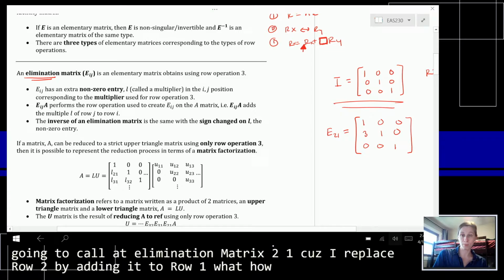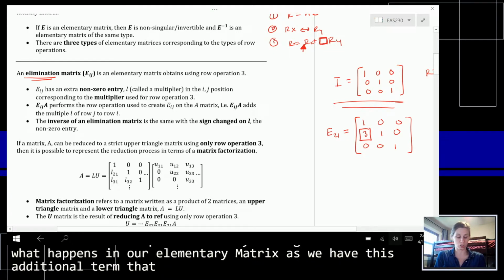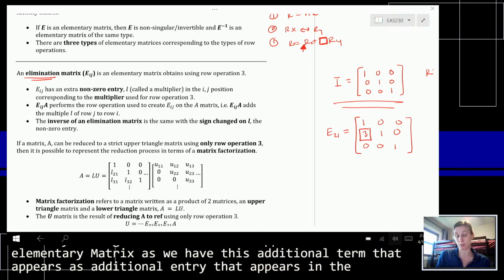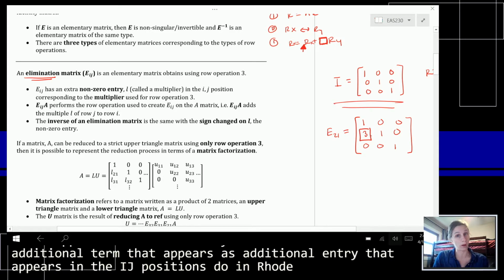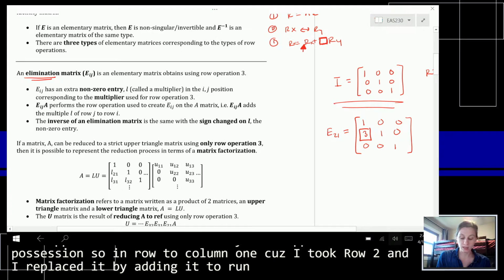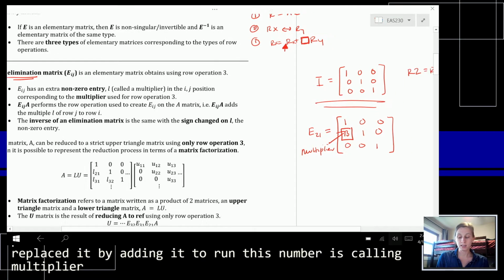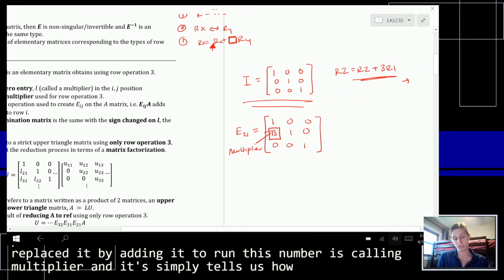What happens in our elementary matrix is we have this additional entry that appears in the ij position. So in row 2, column 1, because I took row 2 and I replaced it by adding it to row 1. This number is called a multiplier. And it essentially tells us how we put our row operation together.